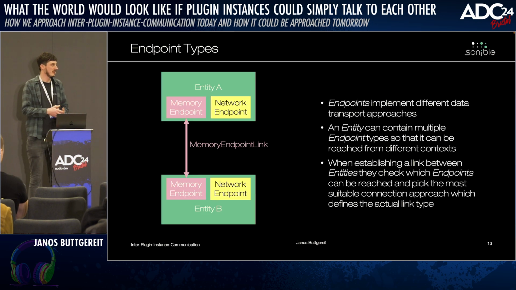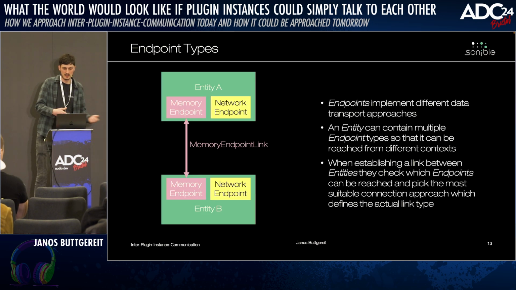Endpoints just implement different approaches on how to get data from A to B. And when establishing a link between two entities, we just look, okay, can we make up a memory endpoint link? If so, just pick this because this is the most efficient way. If not, pick the next best suitable one. And this also turned out to work really well. So these problems are solved.